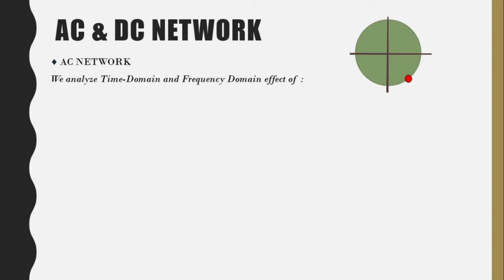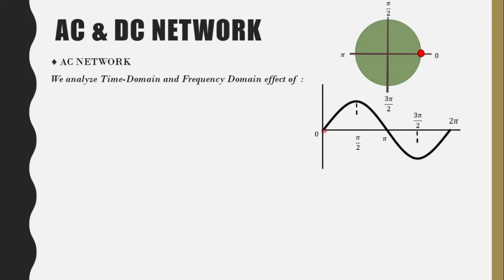Let us also bring in a sine wave. This sine wave is a replica of the circle, with a function of sine omega t. You can see that the time when this red dot begins from 0 is the same time at which this second figure starts from 0.